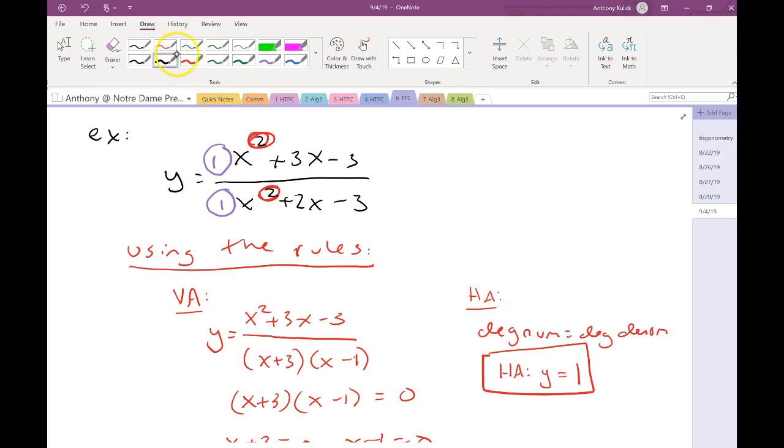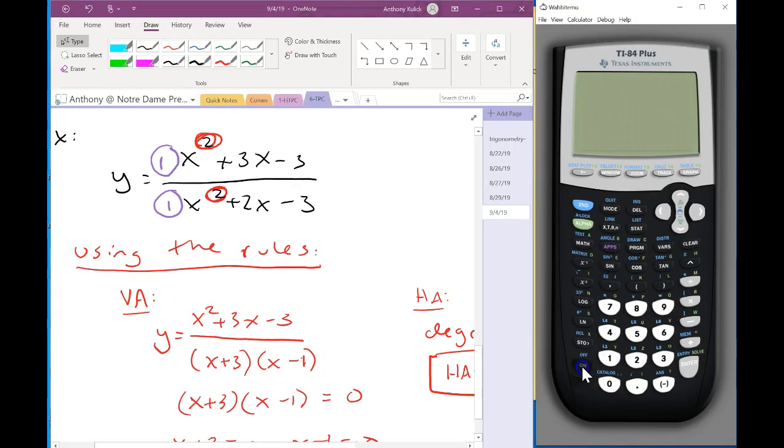Let's look at how we would do this sort of thing using our calculator. Okay? So I'm going to clear this out of here. Does anybody remember how I put a fraction into my calculator? Alpha y equals. Yep. Good.